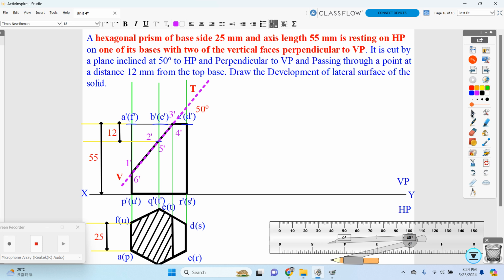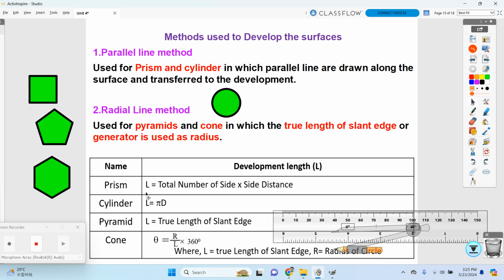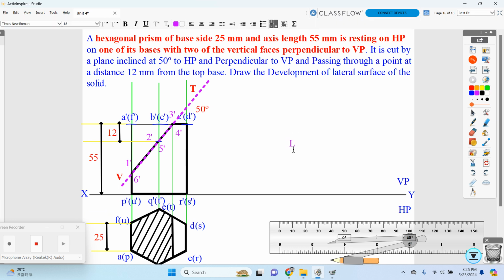As we said earlier, this is a prism type. For a prism we can use the formula L is equal to number of sides into base side distance. So over here, for the development of the section, L is equal to number of sides into base side distance.